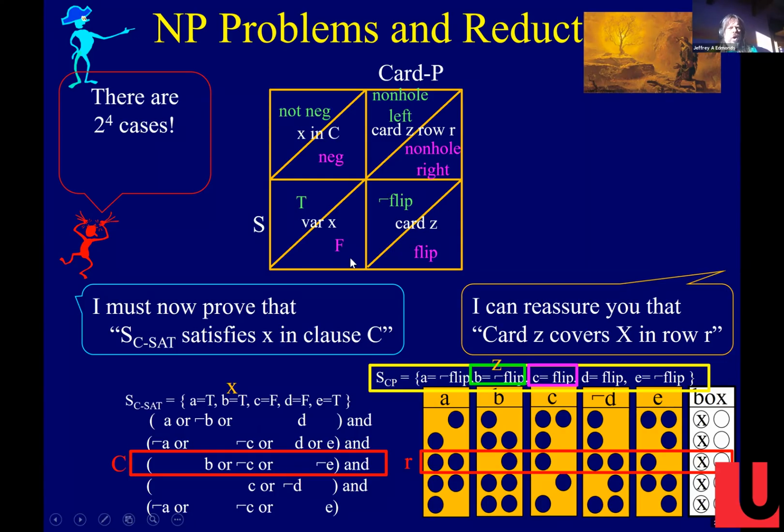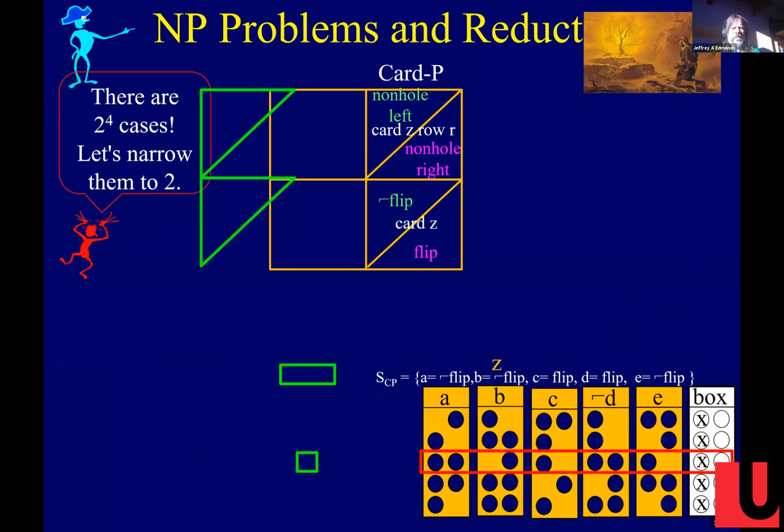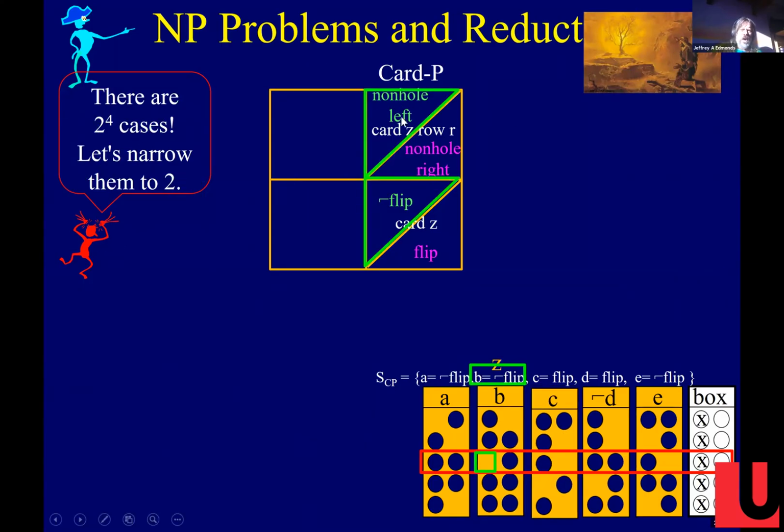All right, so we're going to narrow these cases down. There's way too many cases here. So we're going to try to narrow all the cases down to 2 cases. Here's one case. Suppose the card has a non-hole in the left and we don't flip the card.